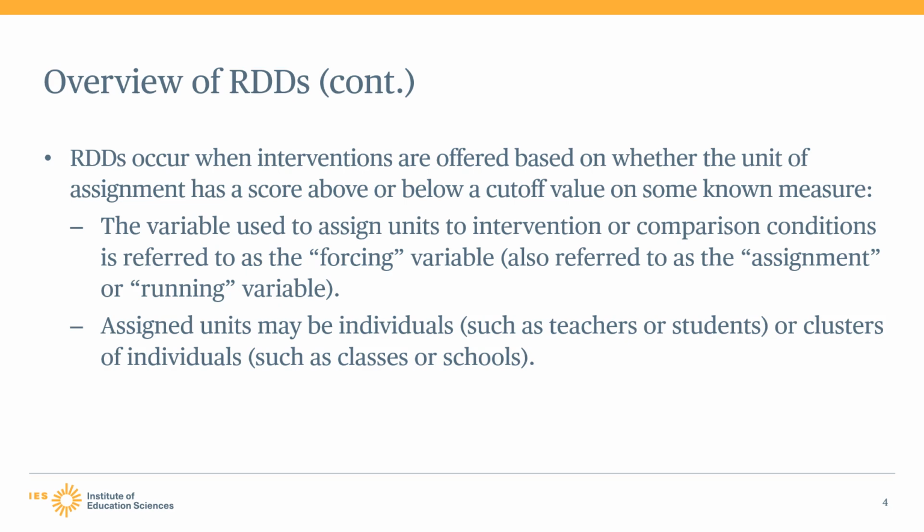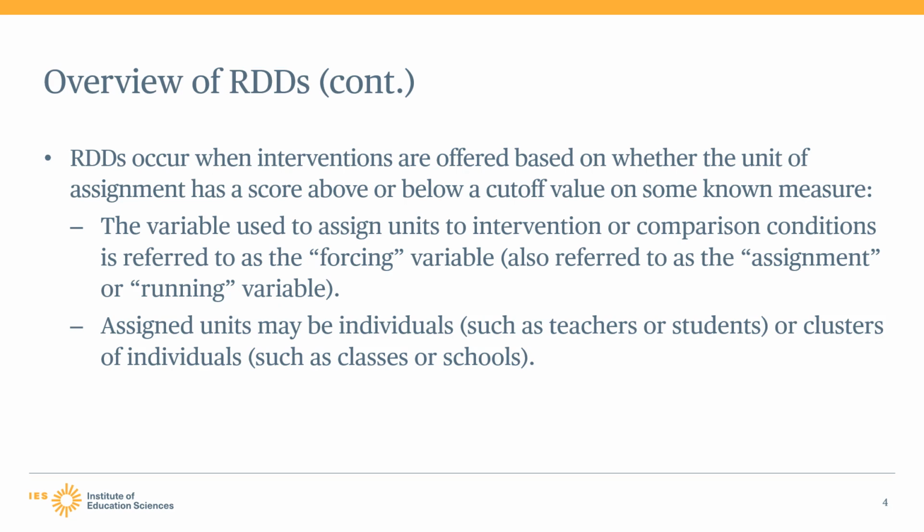In regression discontinuity designs, the units that are assigned to intervention or comparison groups may be individuals, such as teachers or students, but they could also be clusters of individuals, such as whole classes or schools. For instance, in an individual assignment RDD study, students might be assigned to receive a supplemental summer tutoring intervention if they score below a cutoff value on a standardized test.